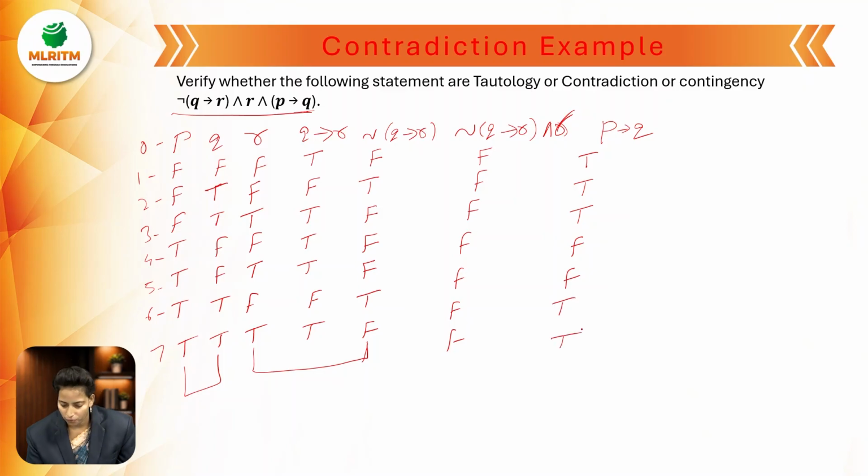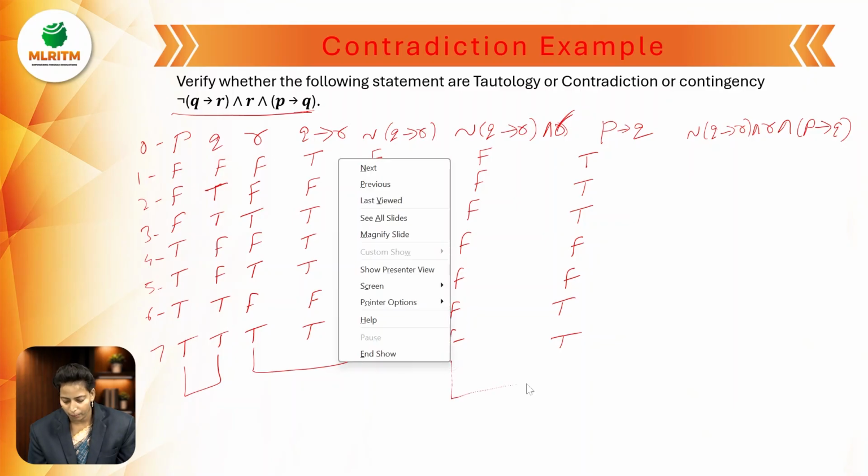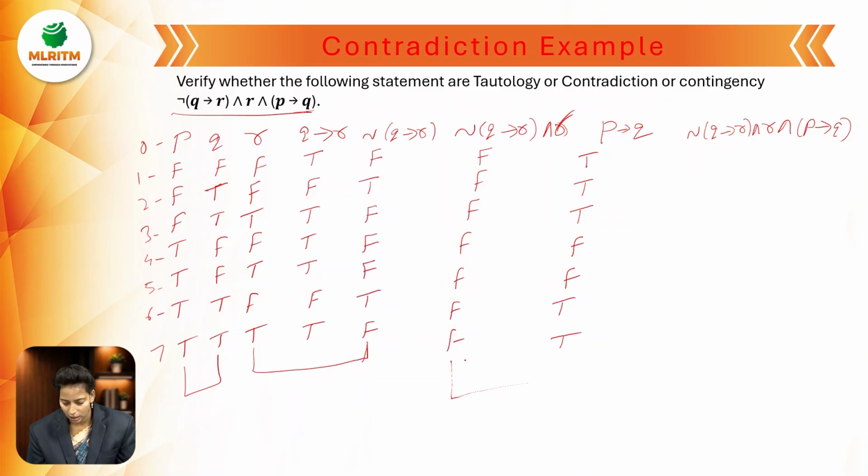Okay? Next, finally, apply conjunction in between negation of (Q implies R) and R, and P implies Q. The truth table says if both are true, then only true. Observe, if both are true, then only true.